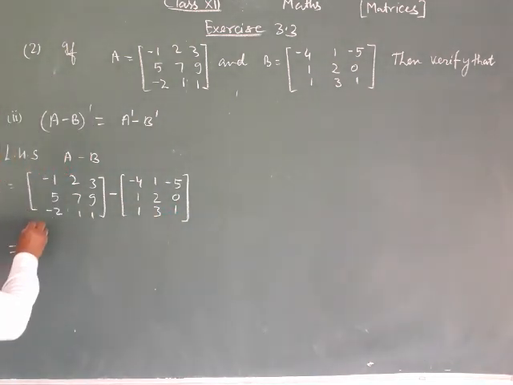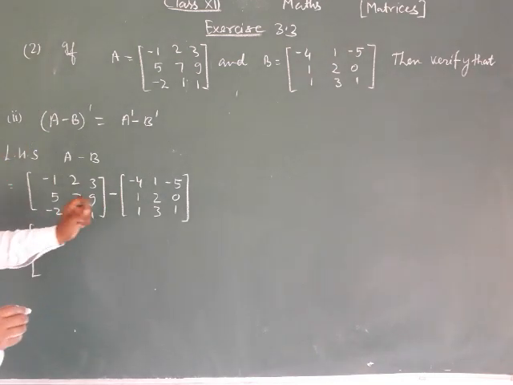So now A minus B, the order is the same, so the matrices can be subtracted.